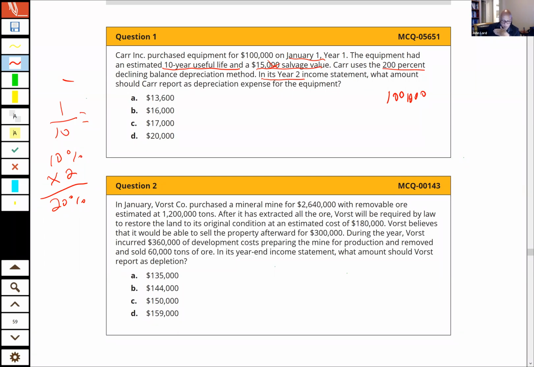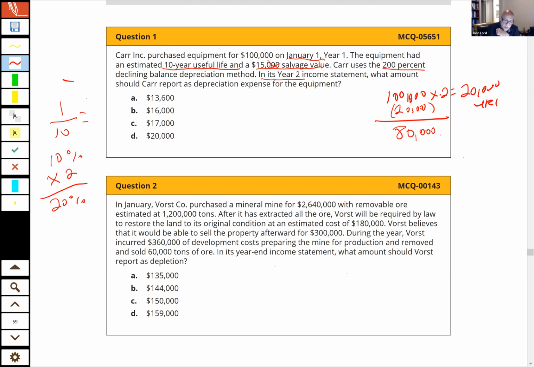There's no way I'm going to be down to where I have to worry about the salvage value after 2 years. So I take that 100,000 times 0.2, which means I would take 20,000, but that's year 1. My method for double declining balance: you take the year 1 depreciation and subtract it off the purchase price, again not worrying about the salvage value. That's 80,000, which is what year 2 starts with.